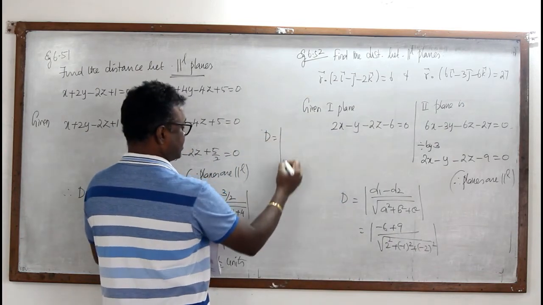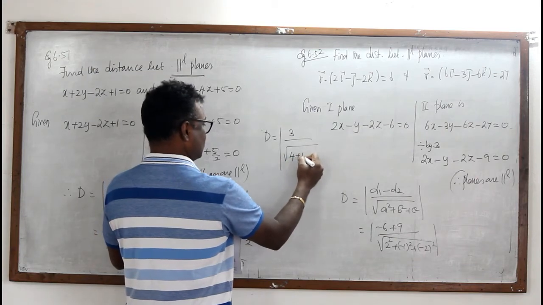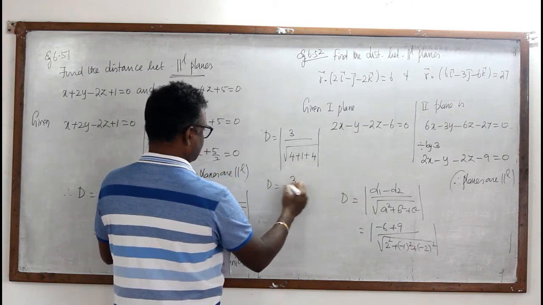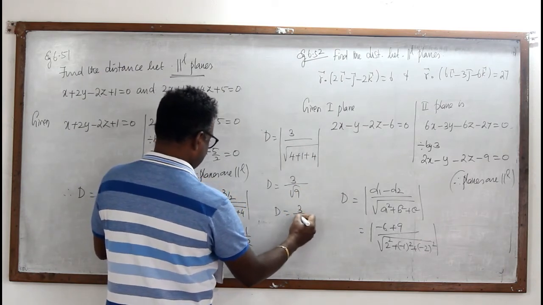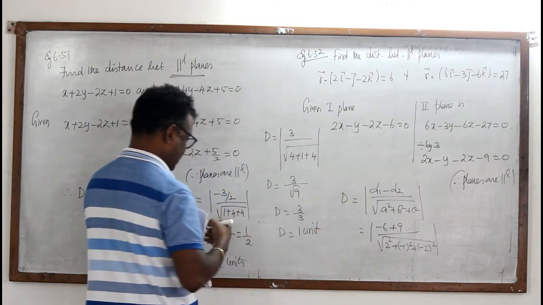Therefore, distance is 9 minus 6, which is 3, by root of 4 plus 1 plus 4. It is d equal to 3 by root 9, that is d equal to 3 by 3, d equal to 1 unit.